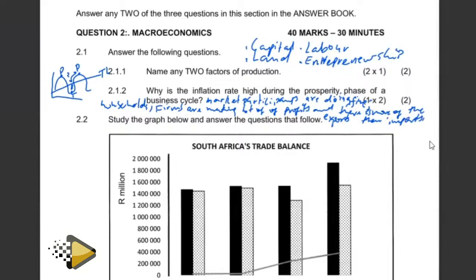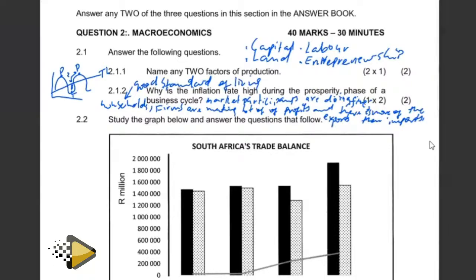Okay, right. So here we are saying that these households are doing fine. It means that there is a good standard of living for these households.